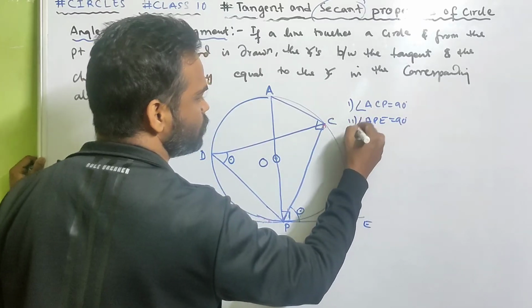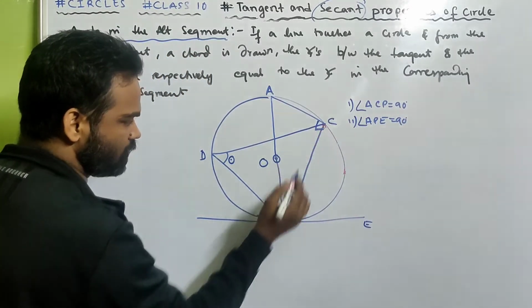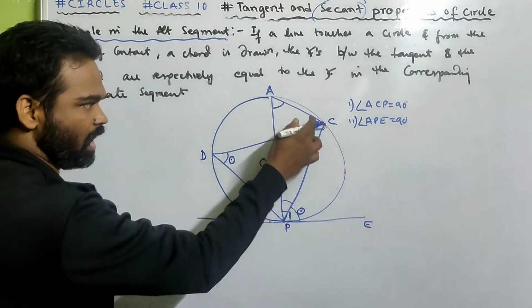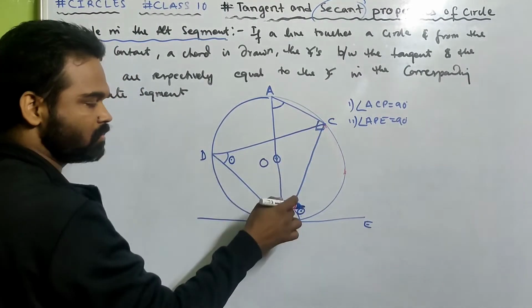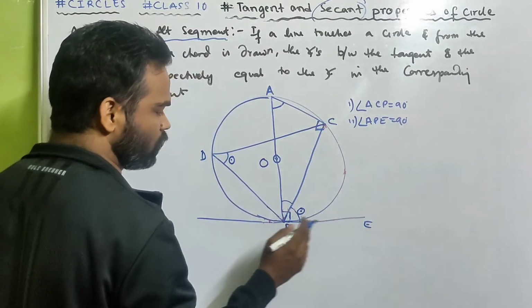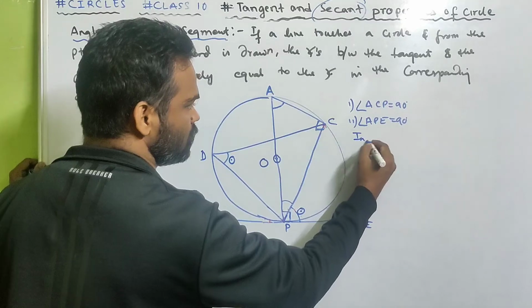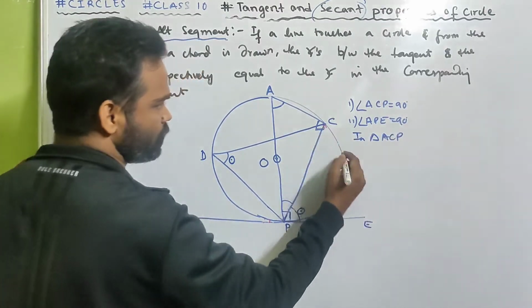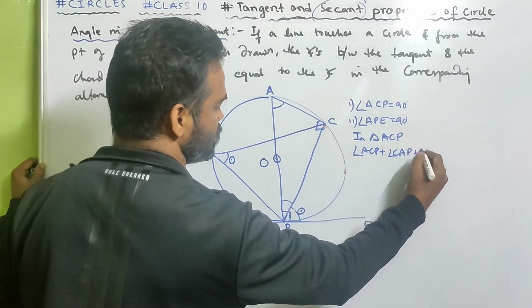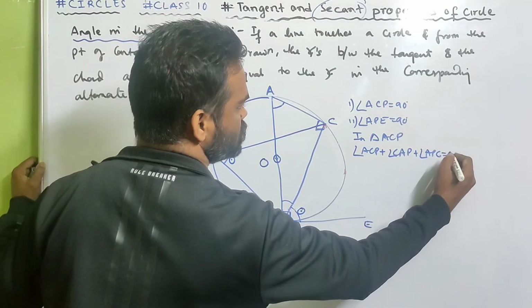Any doubt? Now if this is 90, then this plus this will also be 90, because of the angle sum property, the sum of angles will be equal to 180. So in triangle ACP, look carefully, angle ACP plus angle CAP plus angle APC is equal to 180.